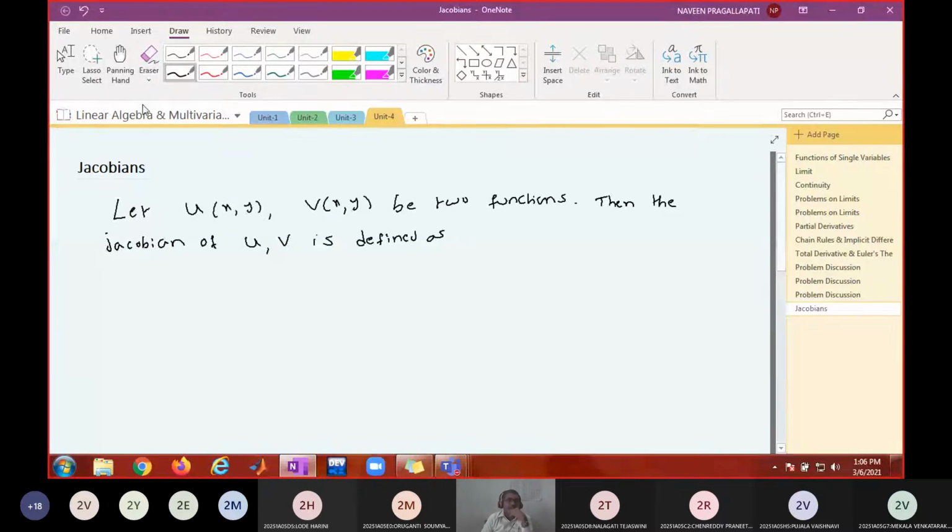Let me slightly change it. Instead of u and v, let me correct it as phi 1, phi 2. If you have two functions phi 1 and phi 2, then the Jacobian of phi 1 and phi 2 is defined as J of phi 1, phi 2, or simply call it J, or dou of phi 1, phi 2 by dou of, what are the independent variables here?